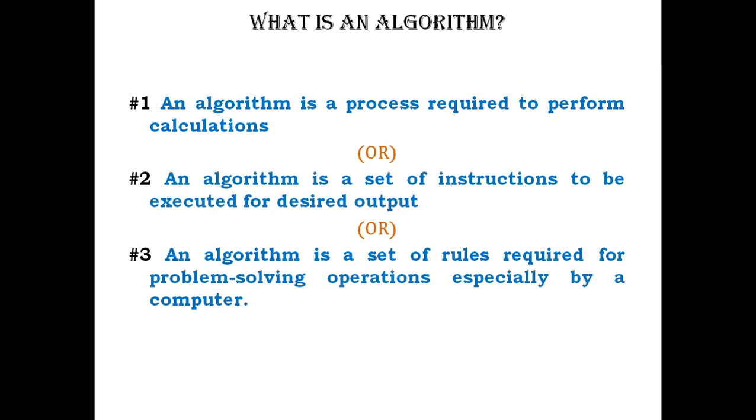Another dimension: an algorithm is a set of instructions to be executed for a desired output. And finally, the third dimension: an algorithm is a set of rules required for problem solving operations, especially by a computer. But all serve similar purposes.